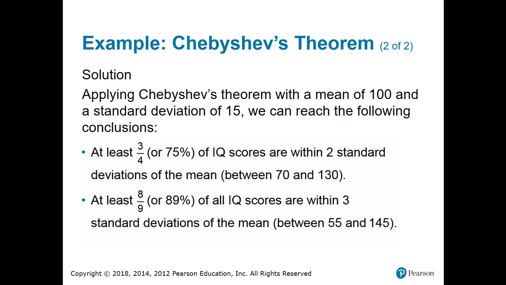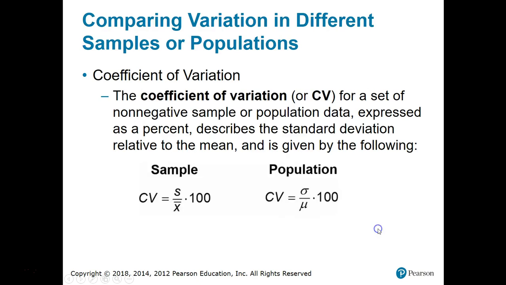Notice that before we were able to get a better number for this. Also, at least 89% should lie within 3 standard deviations, between 55, which is a very low IQ score, and 145, which is an awesomely awesome IQ score. If you have 145, you are awesome. Woohoo!